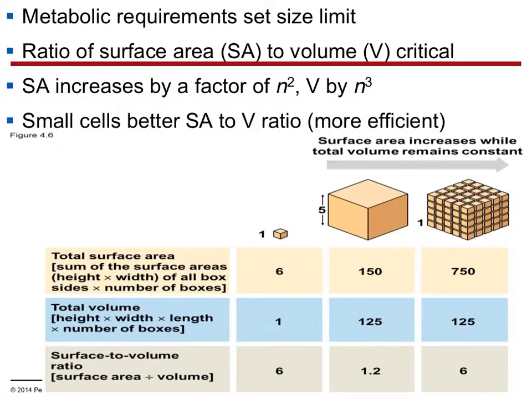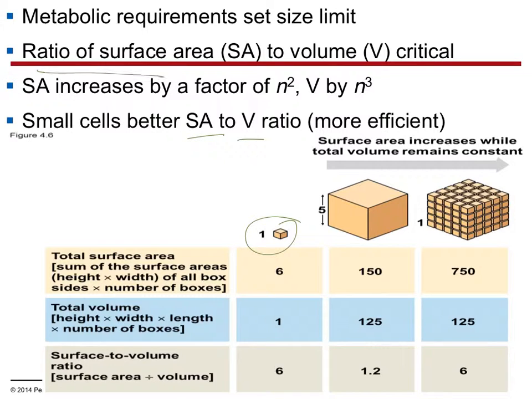The metabolic requirement of a cell sets its size limit. Cells are more efficient if they're smaller, and this has to do with the fact that the surface area to volume ratio is more efficient. Imagine more doorways in, an easier time getting into that cell, so that nutrients can cross into the cell easily and waste can cross out easily, the smaller it is.